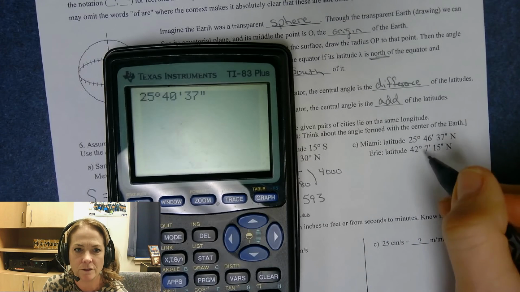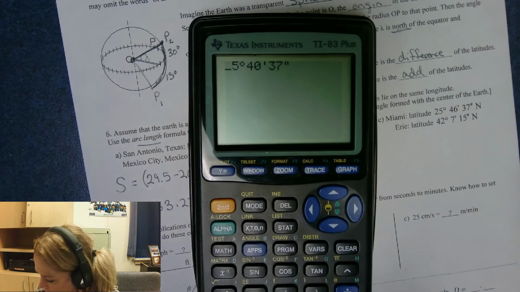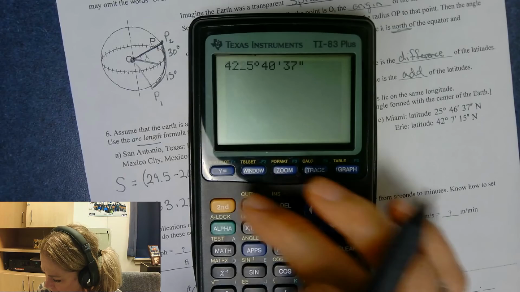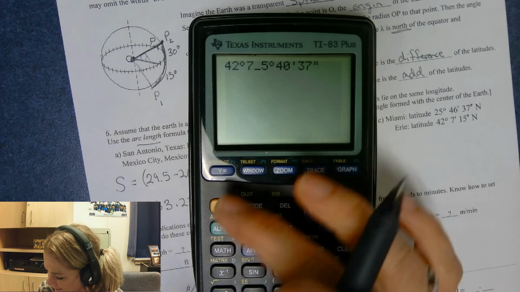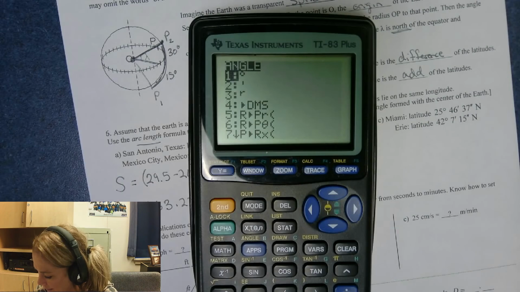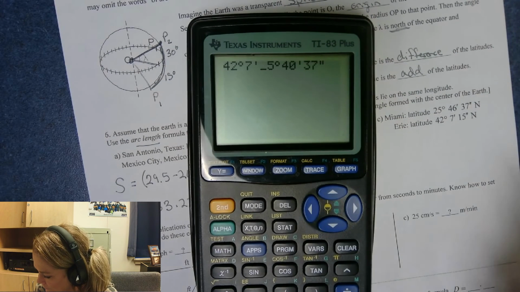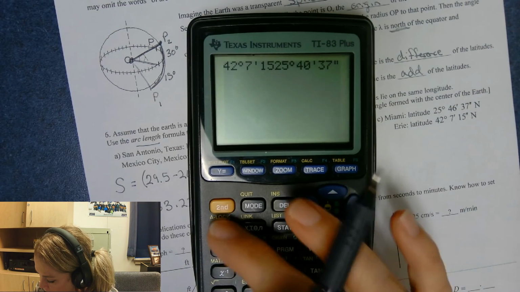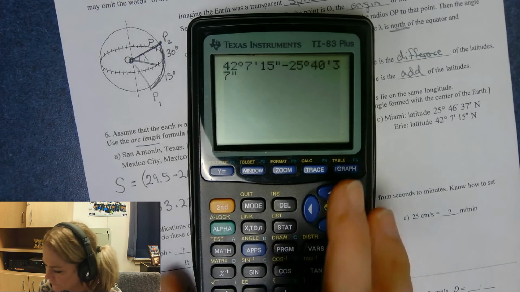I should have done this one first since this was the bigger angle, so I'm going to back up and insert. Right here, I'm going to do 42 degrees, 7 minutes, 15 seconds, and then minus those. Okay, so hopefully I have that right.